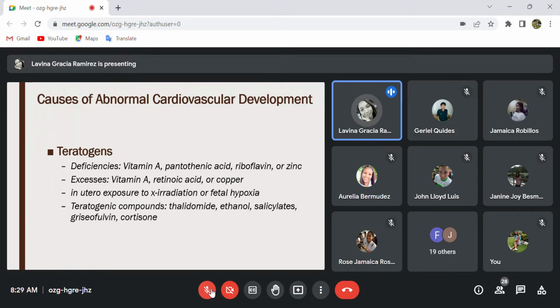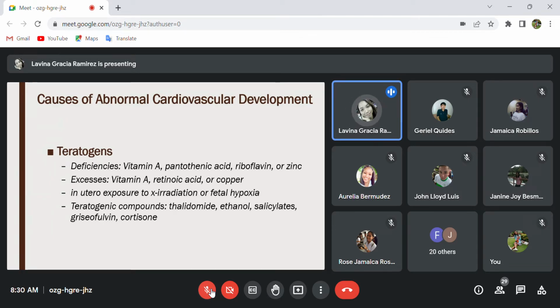Though the other trimesters of development are very crucial pa rin to complete a normal neonate, however, it's the first trimester that is very susceptible. So that is very applicable to animals.